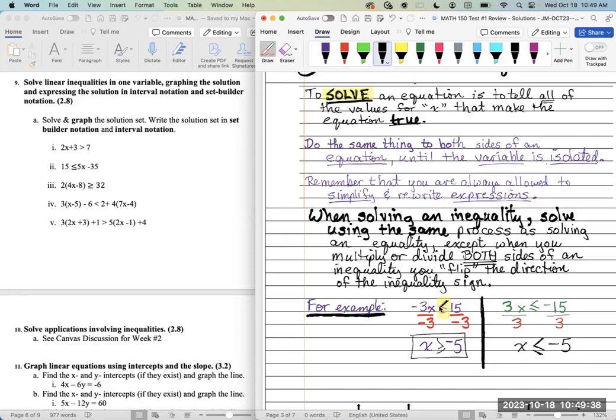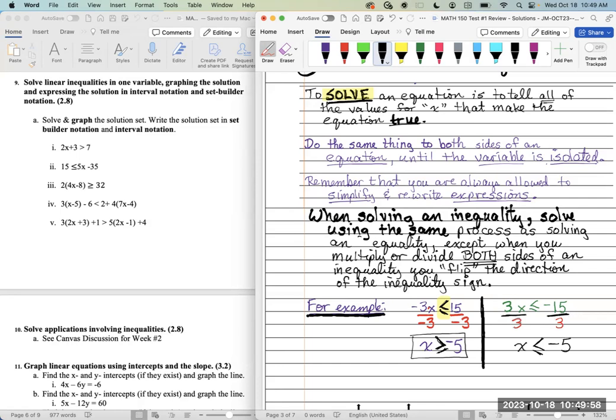Again, in the first purple example, I have a negative 3 times x is less than or equal to 15. So I divide both sides by a negative 3. I flip the inequality. In my green example, I have a positive 3.